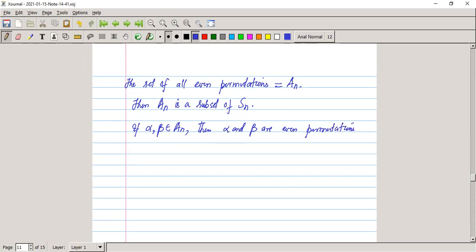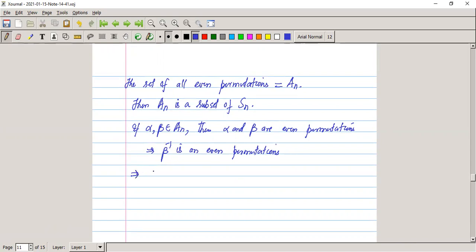So this means that alpha has even number of transpositions and beta has even number of transpositions. This clearly implies beta inverse is an even permutation, and in fact alpha inverse is also an even permutation. So actually, when a permutation is even, then its inverse will again be an even permutation. So here we have three permutations, alpha, beta, and beta inverse, which are all even.